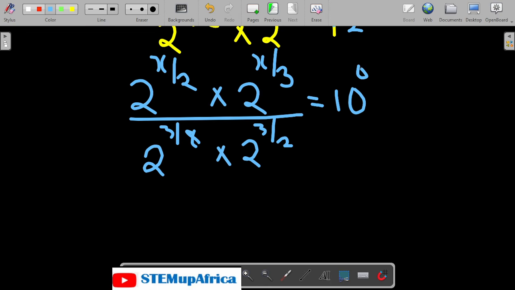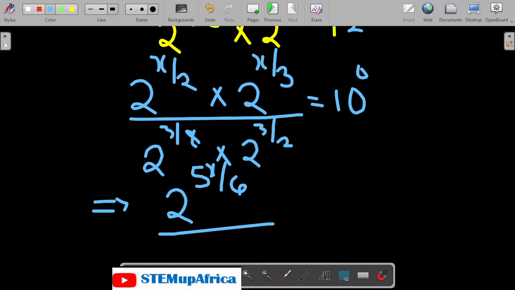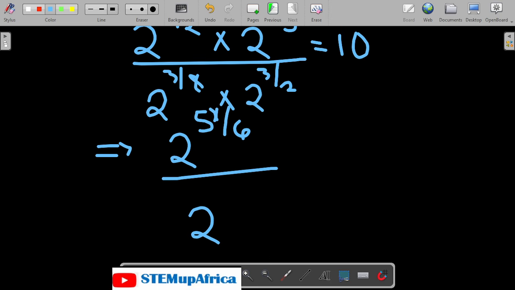If I apply the law of indices to the numerator, I'm having a single 2 with power 5x over 6. Applying the indices to the denominator, I'm having a single 2 with power 3 over 8 plus 3 over 2. 10 raised to power 0 is 1.